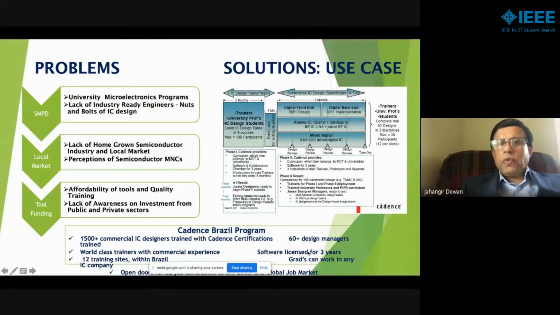So what other programs, what did other countries do in a similar way? Brazil is one of the countries that had a lot of momentum in developing the ICT sector, especially in VLSI. The government put together X amount of money. They worked with Cadence, and on the right side, they have a one-year program. They trained the trainers, pretty much. They trained X number of university professors.